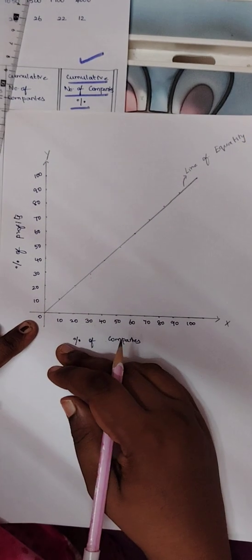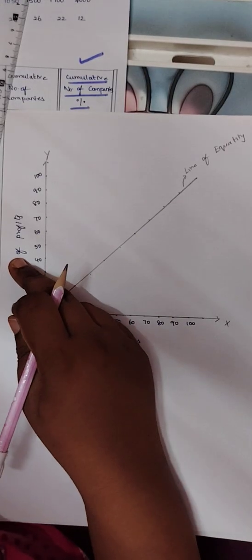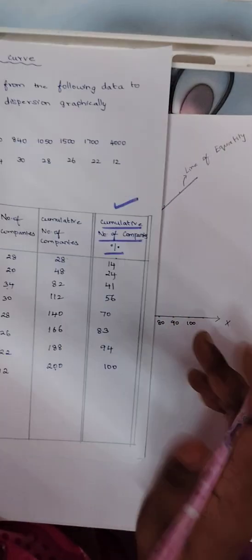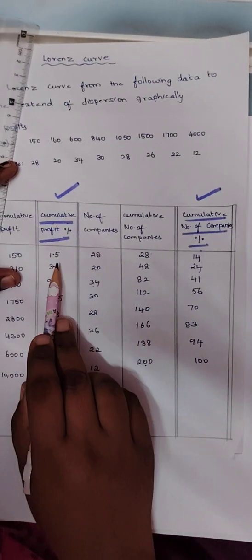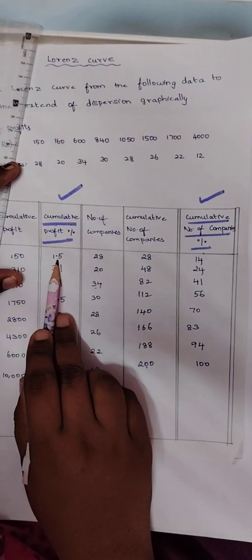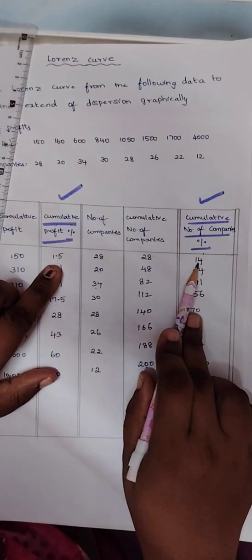In this graph, next I'll compare the number of companies with the profit. First I'll take the number of companies, which is 14. For 14, the percentage of profit is 1.5. So it is 14 comma 1.5.